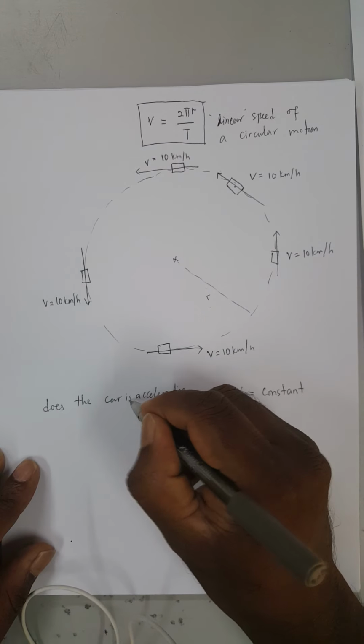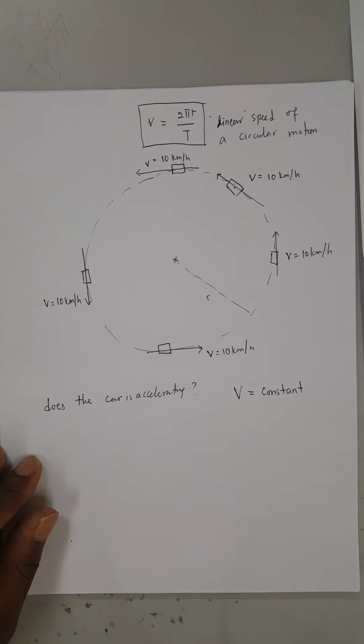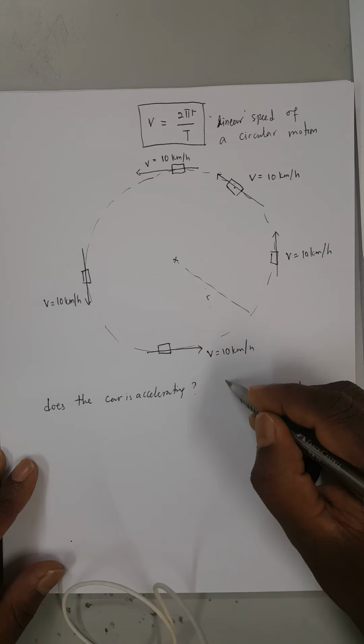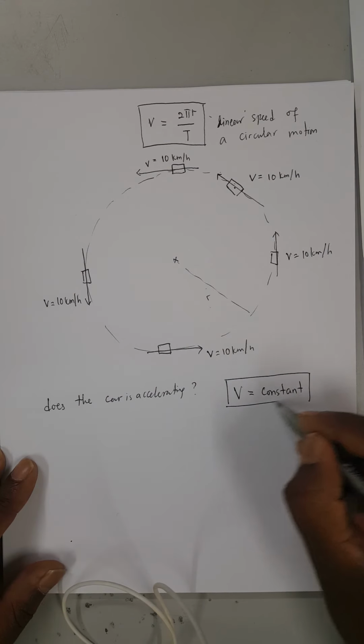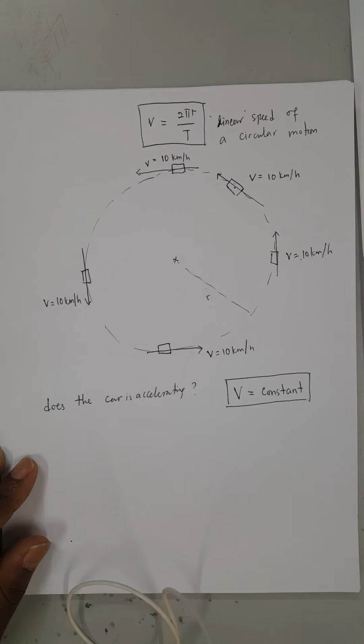In this case, is the car accelerating or not? We know that the v is constant, the speed is constant. From linear speed, what we know is that anything moving with constant speed does not accelerate. That's what we learned from linear speed.